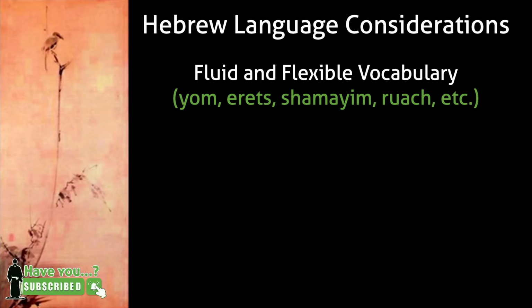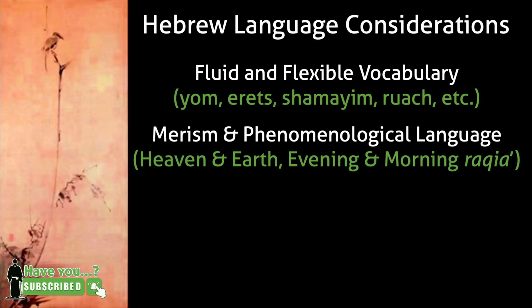So keep in mind, Hebrew has fluid and flexible language and vocabulary. Hebrew also uses things like merism and phenomenological language. So merism is describing something by talking about its opposites. An example right in Genesis is heavens and earth. Heavens and earth, or the heavens and the earth, hashamayim v'haaretz, that is a merism that denotes everything.